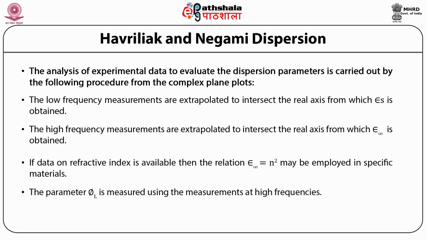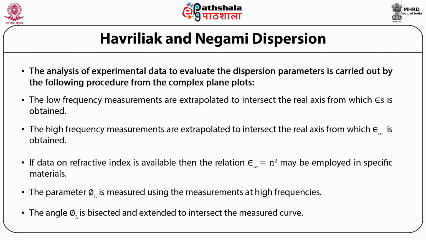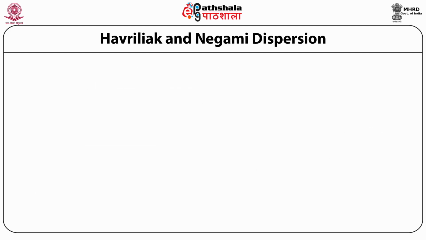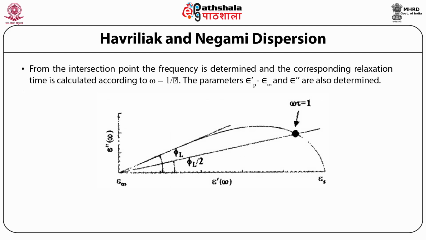The parameter phi L is measured using the measurements at high frequencies. The angle phi L is bisected and extended to intersect the measured curve. From the intersection point, the frequency is determined and the corresponding relaxation time is calculated according to omega is equal to 1 by tau. The parameters epsilon p prime minus epsilon infinity and epsilon double prime are also determined.